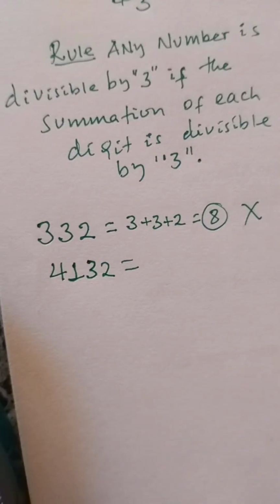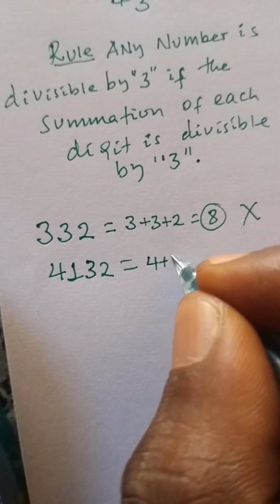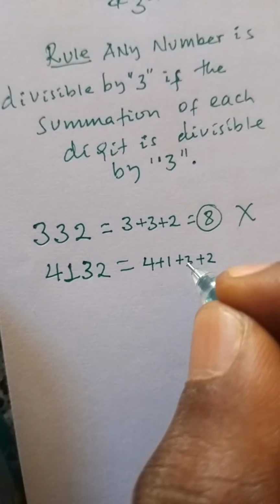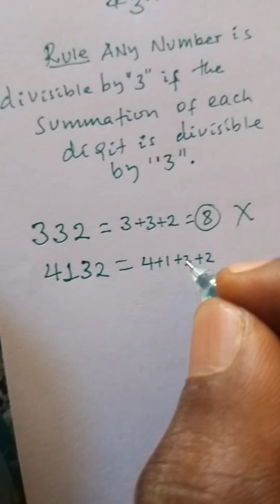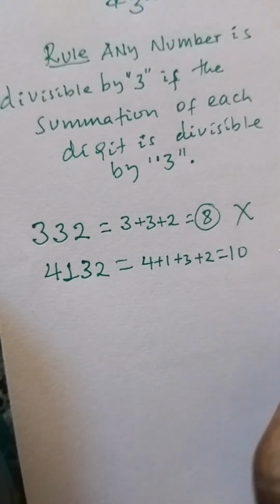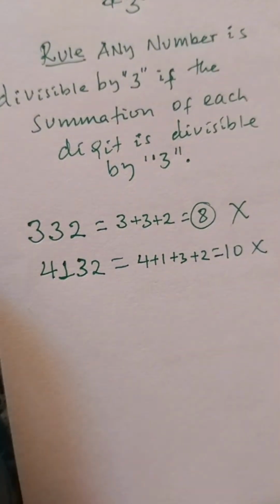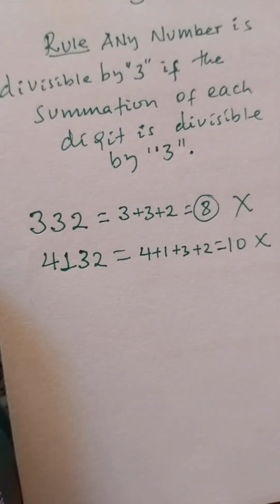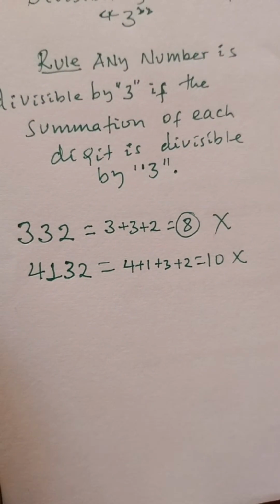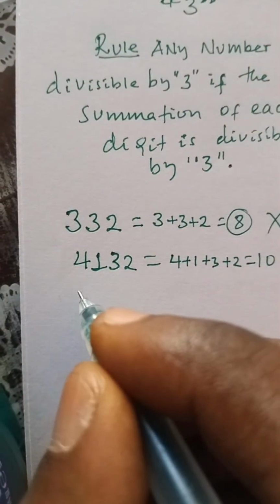We add these digits: 4 plus 1 plus 3 plus 2. 4 plus 1 is 5, 5 plus 3 is 8, 8 plus 2 is 10. So 10 is not divisible by 3. So the whole number, 4132, is not divisible by 3.